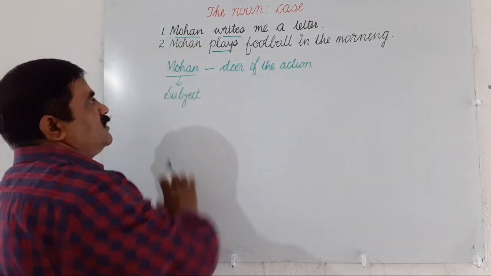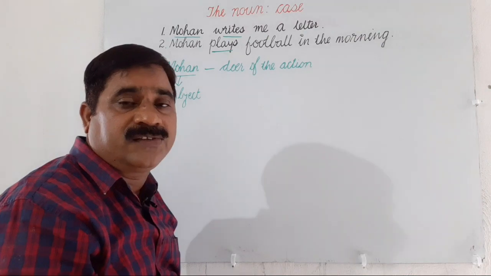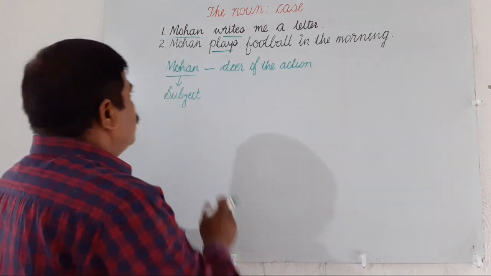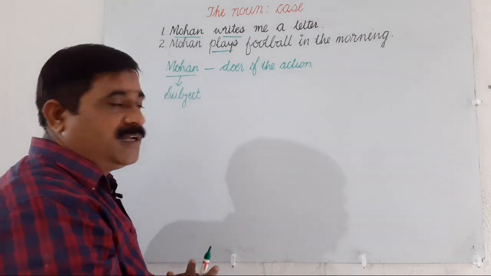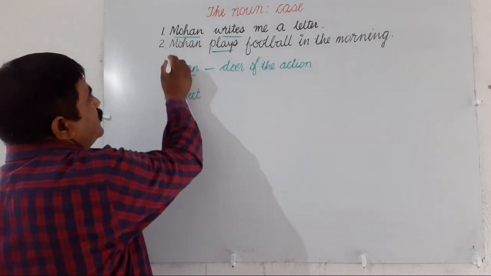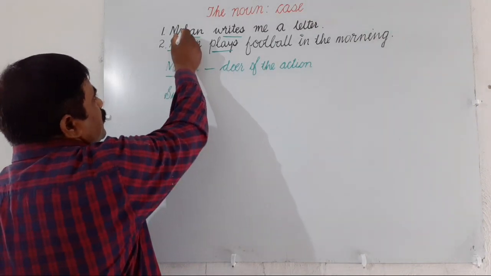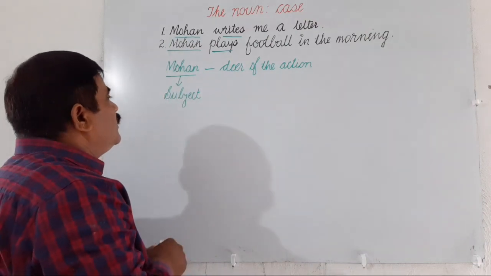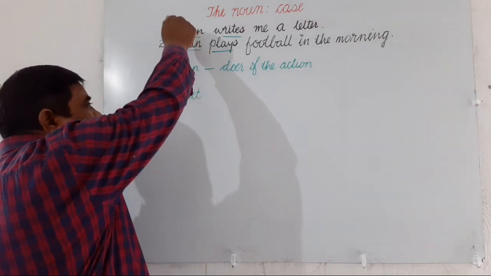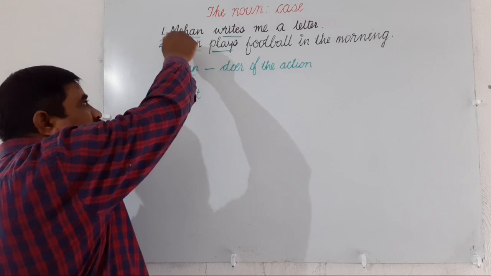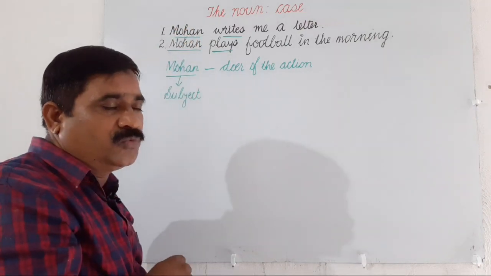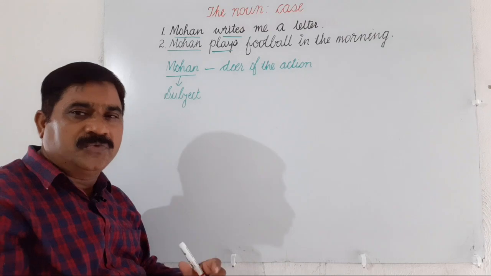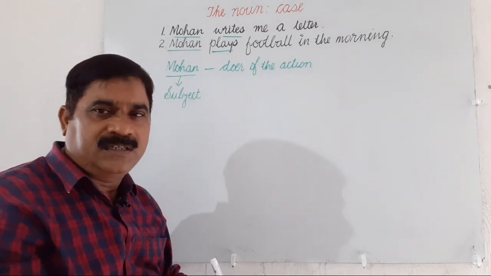Again, in the sentence number 2, Mohan is the subject. Mohan is noun as well. Mohan in the sentence number 1 and Mohan in the sentence number 2 are used as subject.